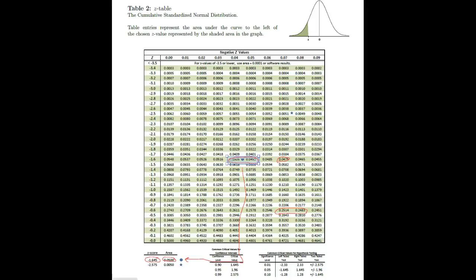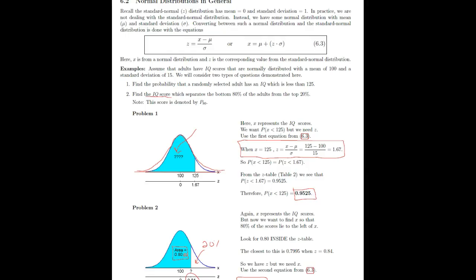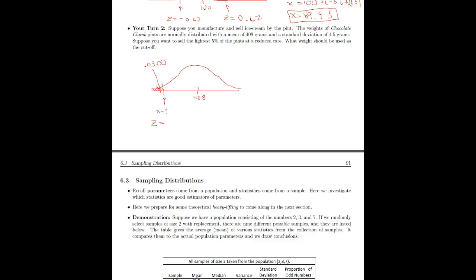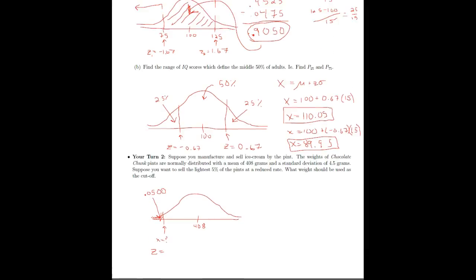Okay, so let's go back to our problem. So we're going to use a z-score here of negative 1.645.